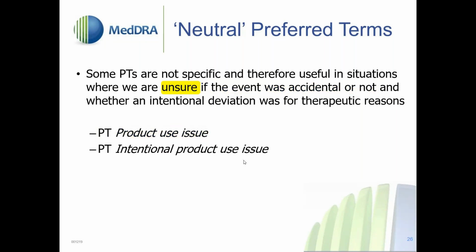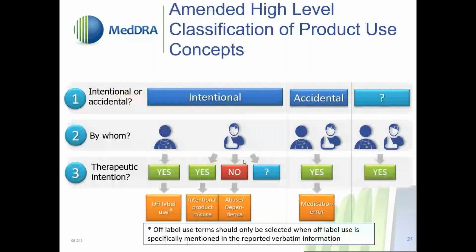And if it is not clear whether an intentional deviation from proper product use happens for therapeutic reasons, a suitable LLT under the PT intentional product use issue can be selected. So the flowchart shown before must therefore be expanded with these two neutral, more general concepts. You can see the question marks here in our chart.